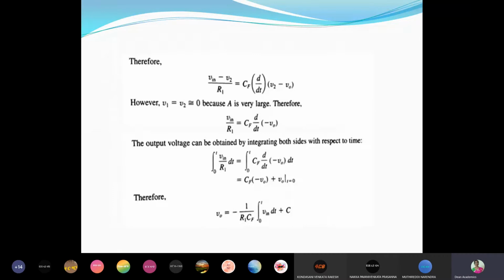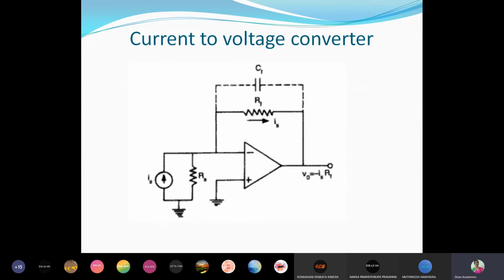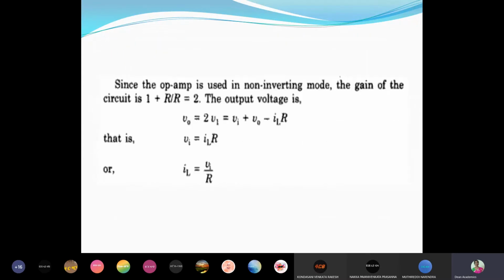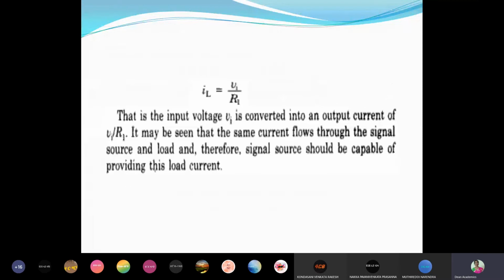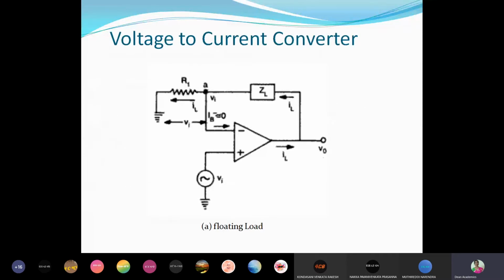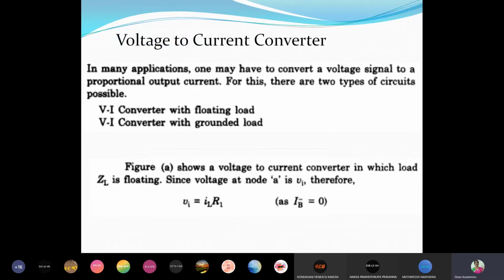Let us see what we have discussed in the previous class. Of course, in the same class I recapitulated, but still, the voltage to current converter we have seen. There are two types of voltage to current converters, floating load and grounded load.